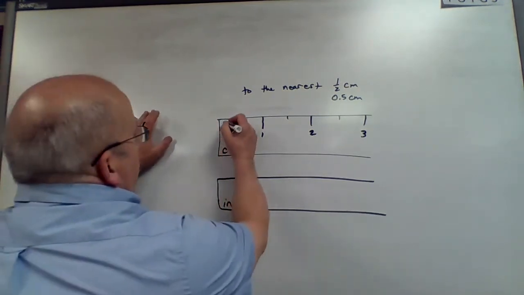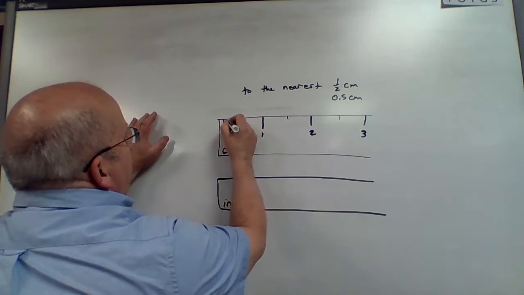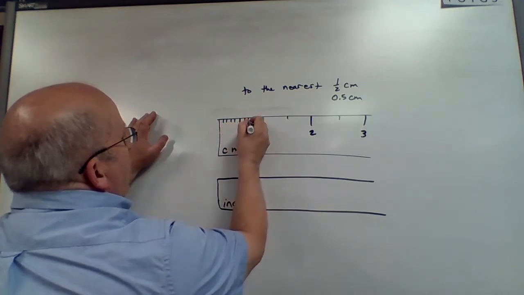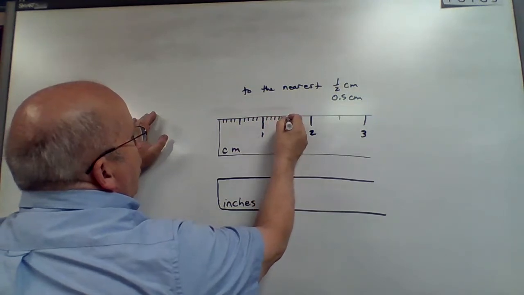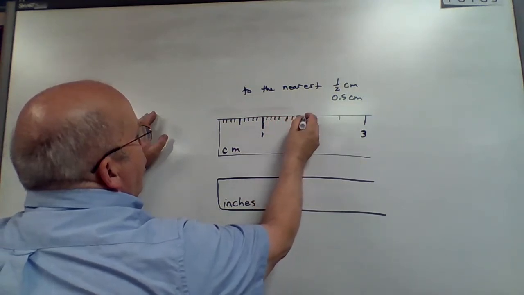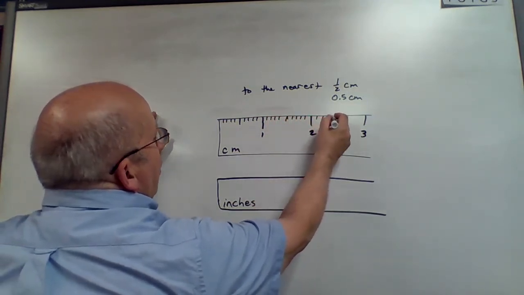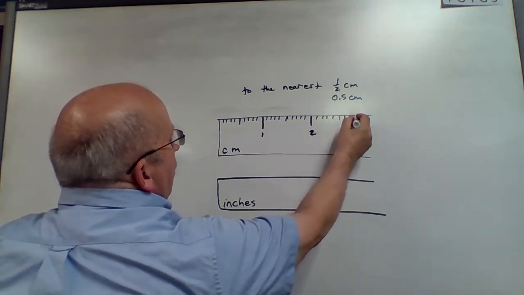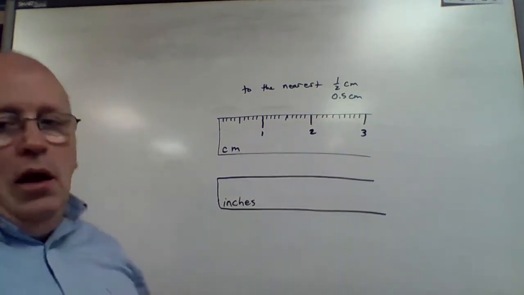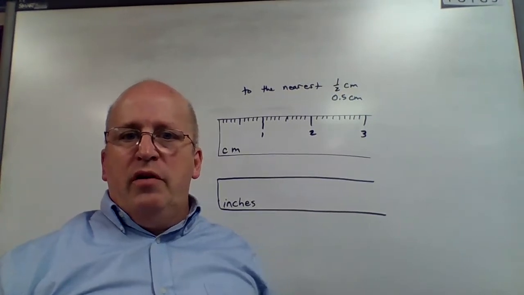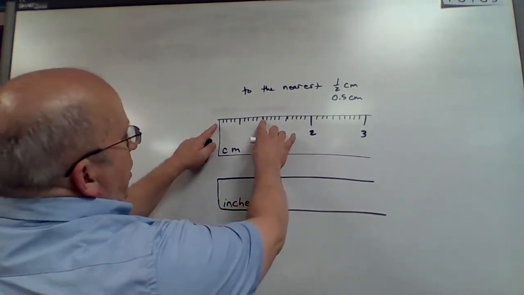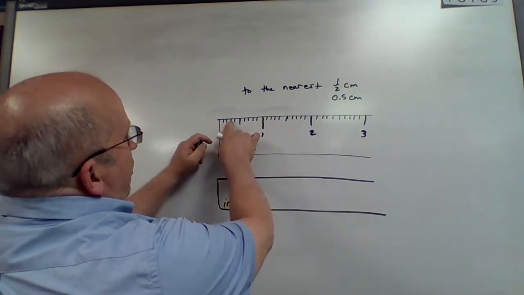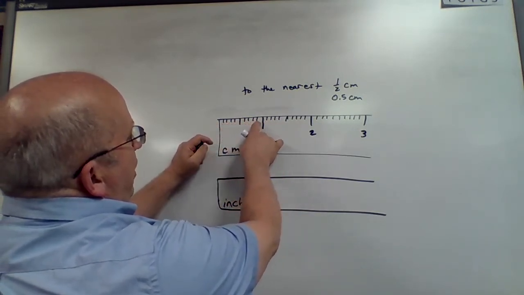Now, on a centimeter ruler, oftentimes they'll do this. And how many sections did I divide each centimeter into now? Well, if you look between here and here, there's 1, 2, 3, 4, 5, 6, 7, 8, 9, 10 sections.